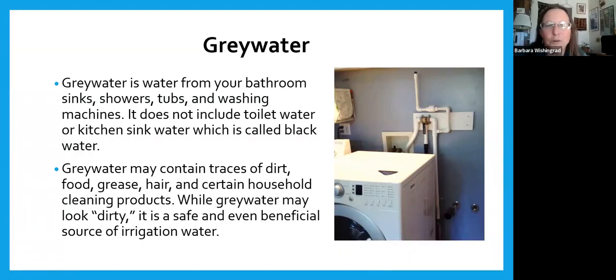It does not include toilet water, and kitchen sink water is illegal and can't be used in the state of California, although it is considered gray water in some other states. Gray water can not be totally pure water. Even if it looks dirty, it's a safe and even beneficial source of irrigation water. A great use for it is to put it out into your irrigation. Next.